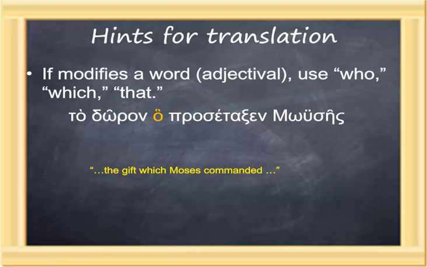For example, in this clause, the gift which Moses prescribed, the pros etaxen mouses is a relative clause that tells you something adjectively about the gift which Moses prescribed.